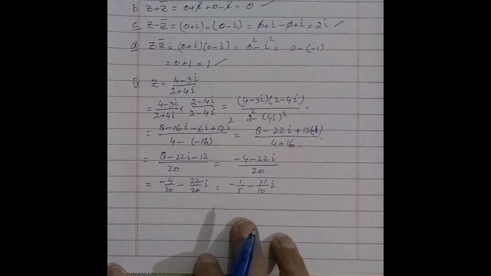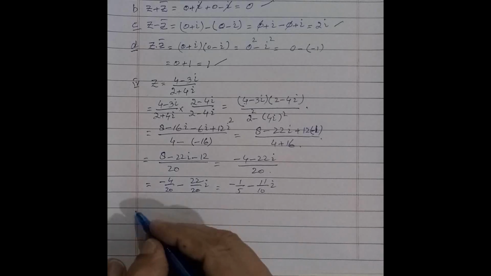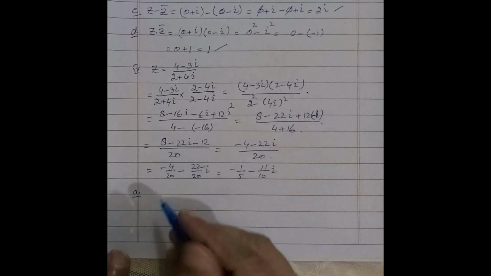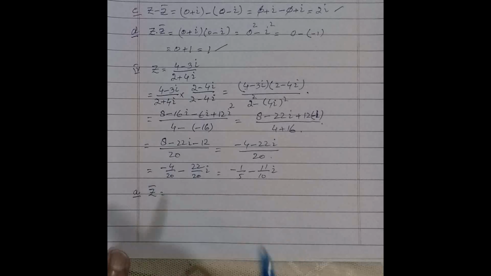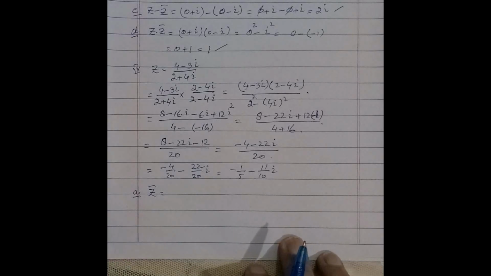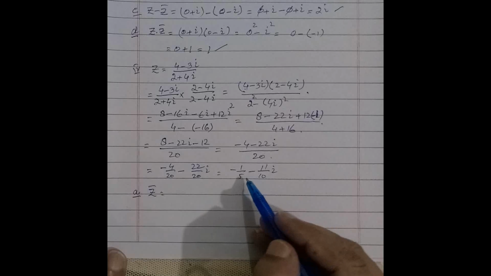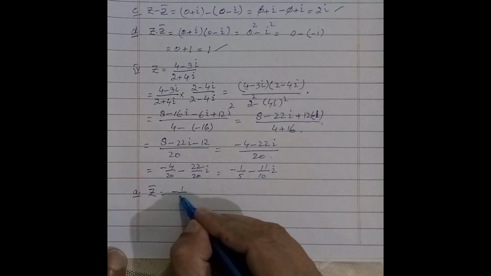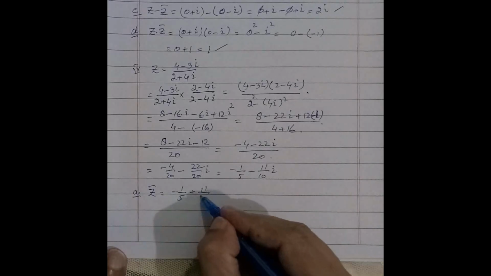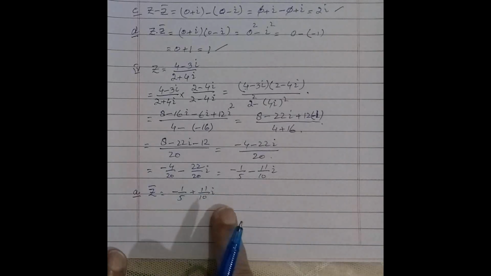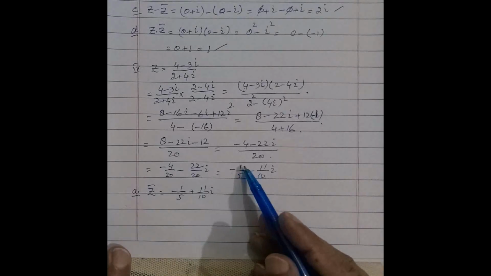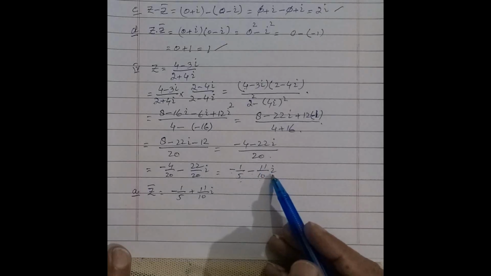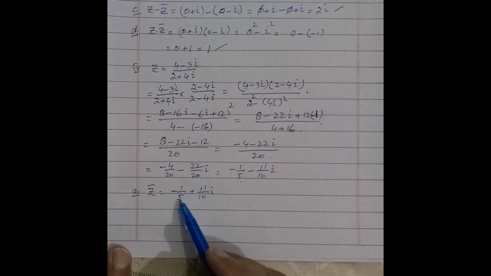Now we take the A part, which is z bar, and z bar represents the conjugate of the complex number. So we take the conjugate of this z: the complex number is minus 1 over 5 minus 11 over 10 iota, and z bar is minus 1 over 5 plus 11 over 10 iota.